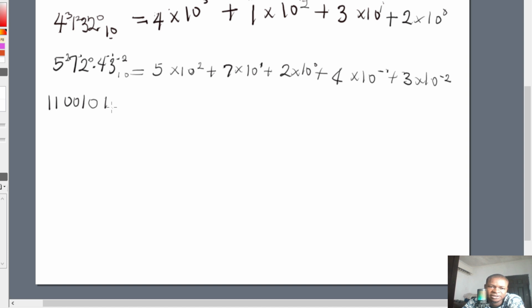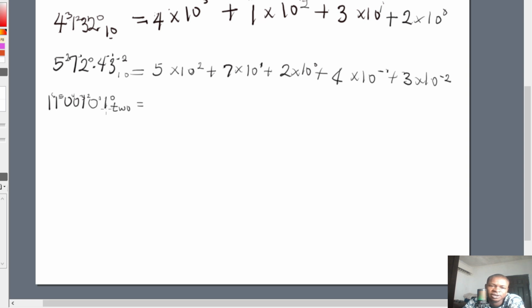So we can write it like this as well, base 2. Here we are going to put the powers, which are 0, 1, 2, 3, 4, 5 and 6.